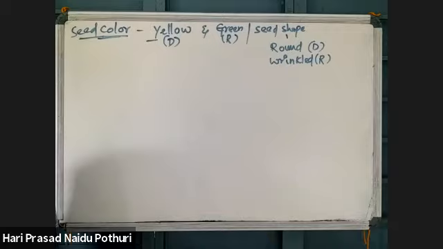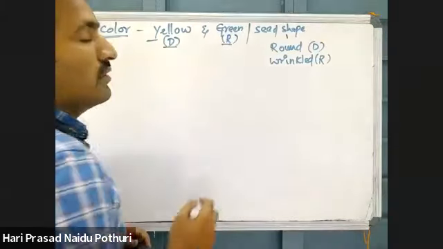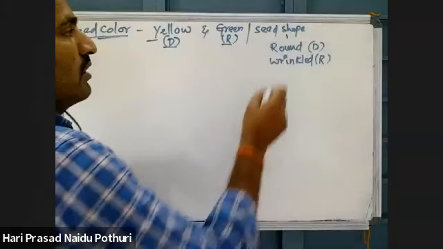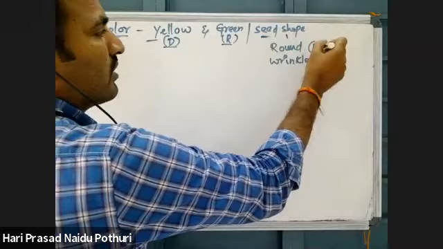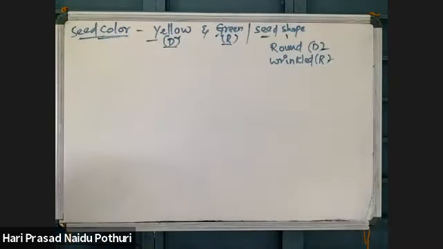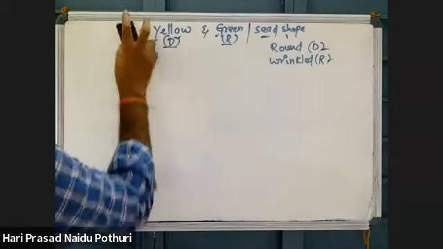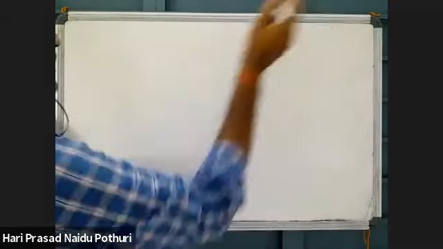One plant has both dominant, homozygous, and the other has both recessive, which is also homozygous. He selected two true breeding pea plants which differ in seed color and seed shape.